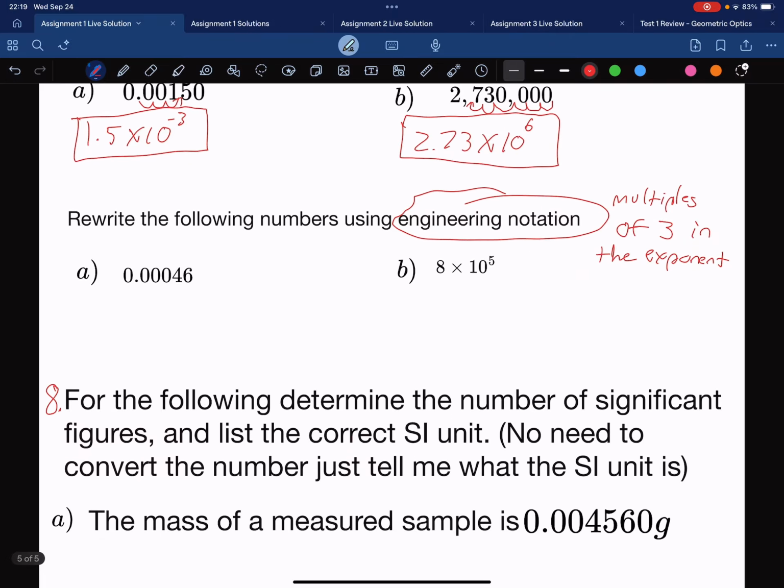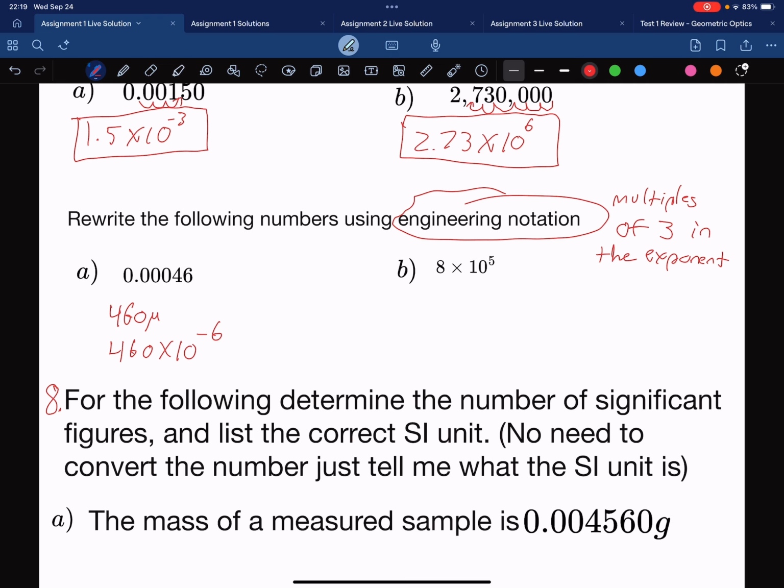Some of you wrote different prefixes as well. So some of you wrote 460 micro, which I gave you a mark. It wasn't exactly what I was looking for, though. I was looking for something more along the lines of 460 times 10 to the negative 6. That is more what I was looking for.